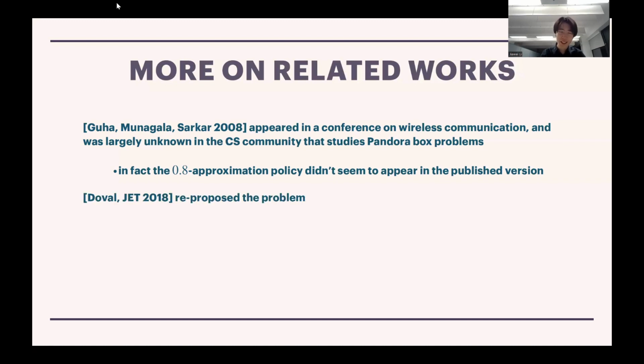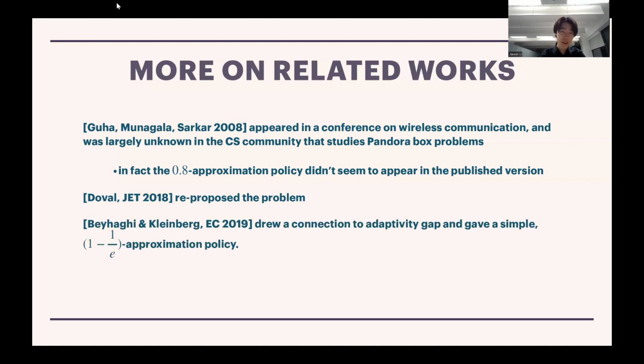Okay. And in 2018, Doval reproposed this problem, studied the properties, and gave many examples showing that many algorithms are suboptimal. And in an EC paper in 2019 by Beyhaghi and Kleinberg, they drew a connection of this problem to the adaptivity gap, and they gave a simple 1 minus 1 over e approximation policy.